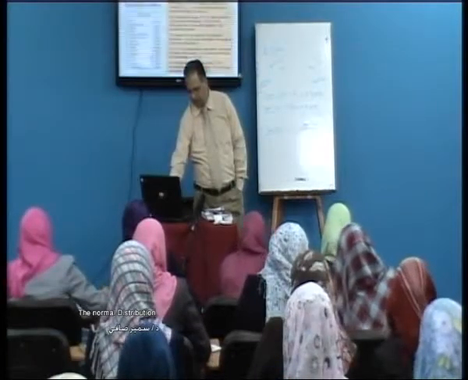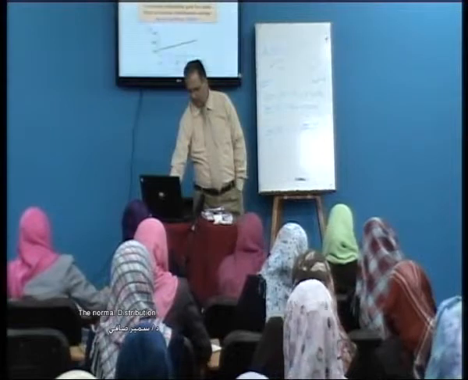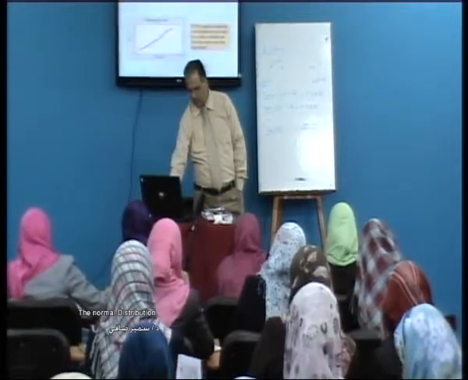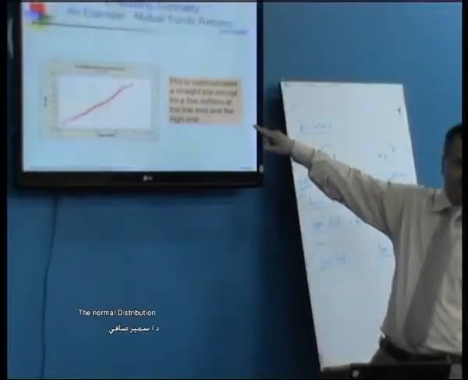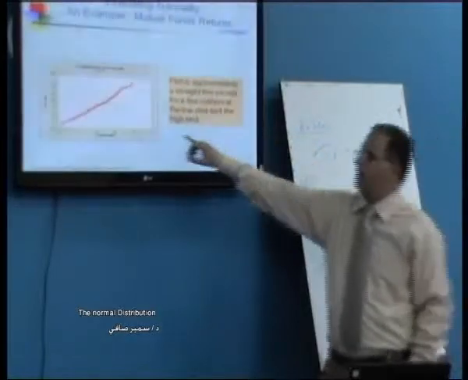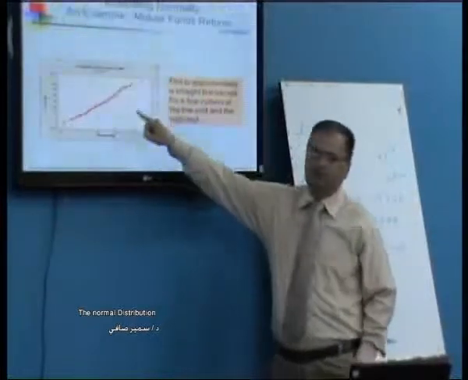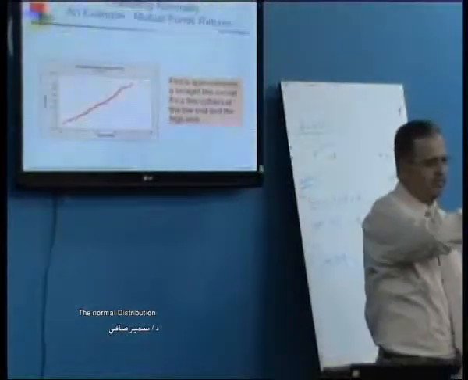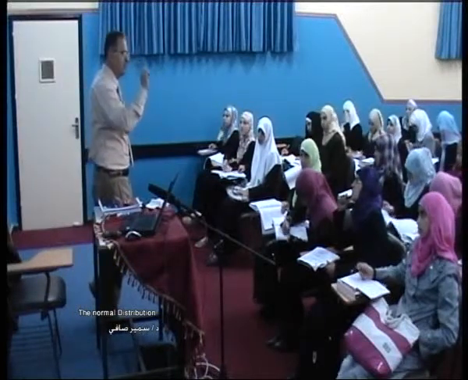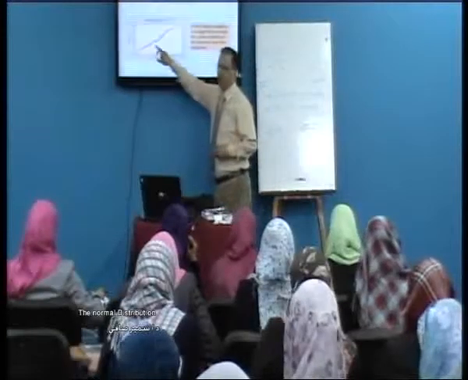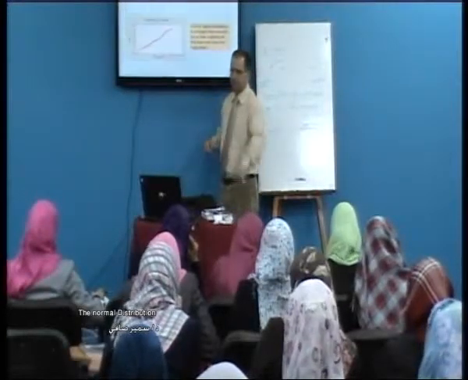But in general, you may look at this graph. Generally speaking, if you have a probability plot of data and the points lie on a straight line or close to it, in this case the distribution is normal. It's hard to make this graph manually. It's better to use software.